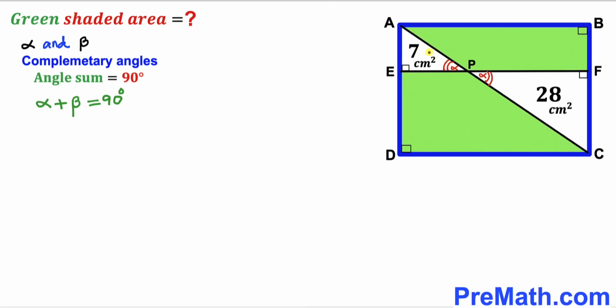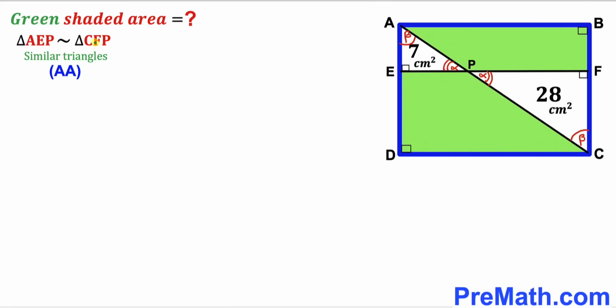In triangle AEP, with angle alpha and the 90 degree angle, the remaining angle must be beta. Likewise in triangle CFP, so the two right triangles are similar according to the angle-angle similarity theorem.